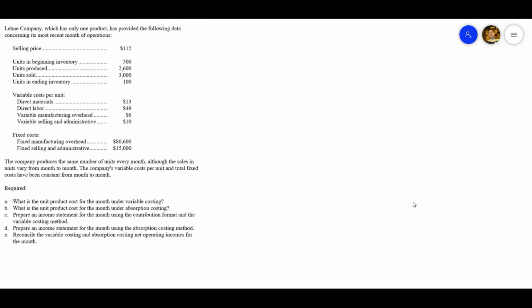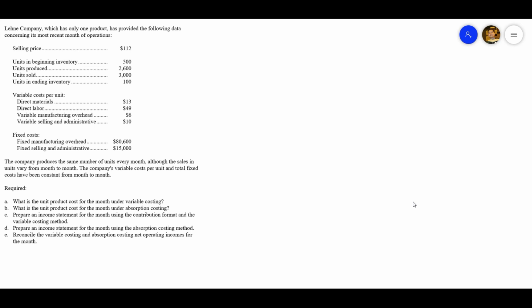So, I'll be first solving the problem for you to get the hang of it. Of course, for you also to have an idea on how you can solve this kind of problems relating to absorption and variable costing. Okay, so for our first requirement, what is the unit product cost for the month under variable costing?